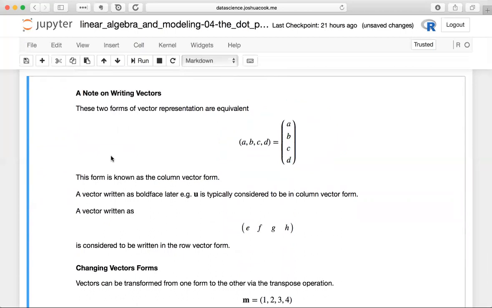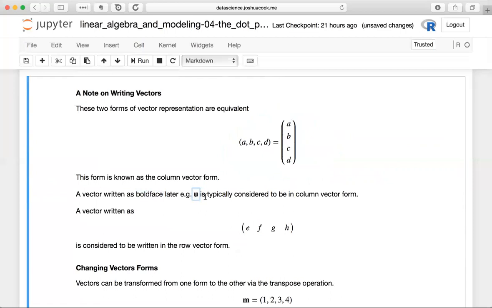And if we write it as this list here with commas in between, we think of that as a column vector. We'll often write these in boldface when we write it in math, or when we write it in LaTeX. Boldface U is thought of as being a column vector.